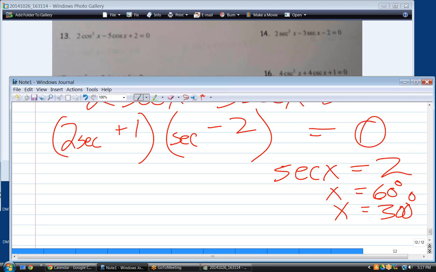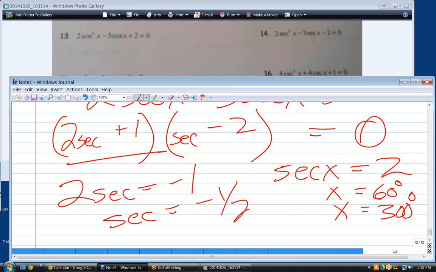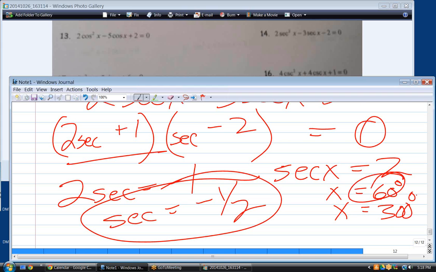Even though it said all students take calculus, in other words, sine or cosecant is positive in the second quadrant. And in the fourth quadrant, cosine or secant is positive. Okay. Now let's solve this part. Is that possible? So that can't happen. Good. So we only have two answers.